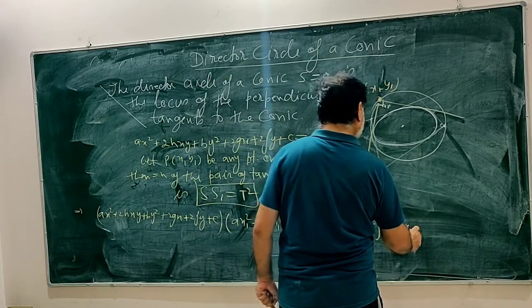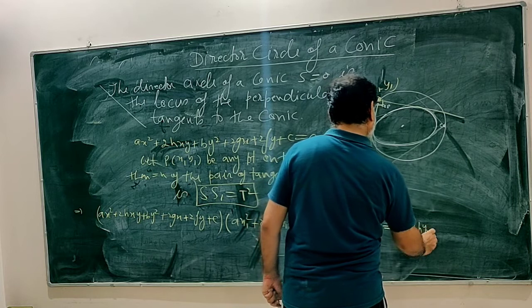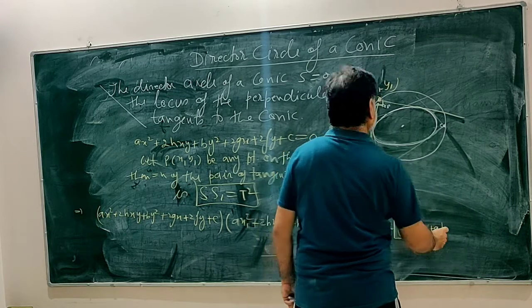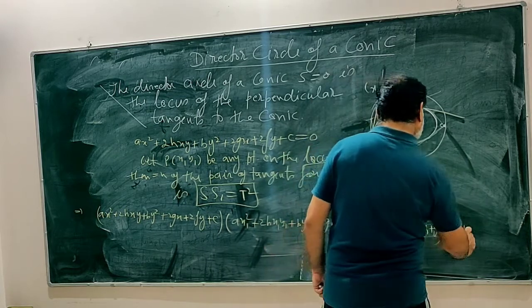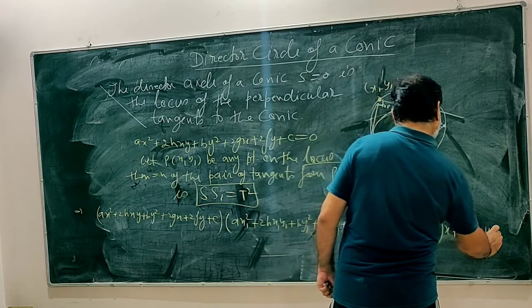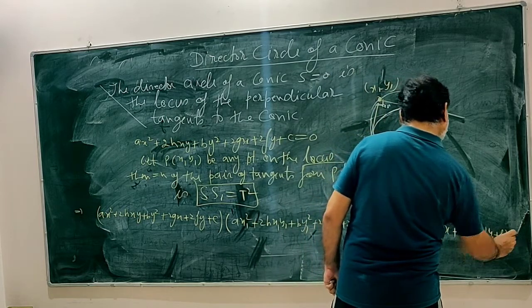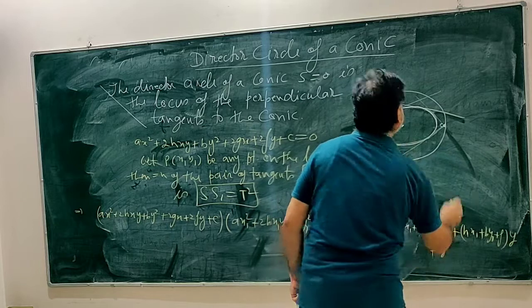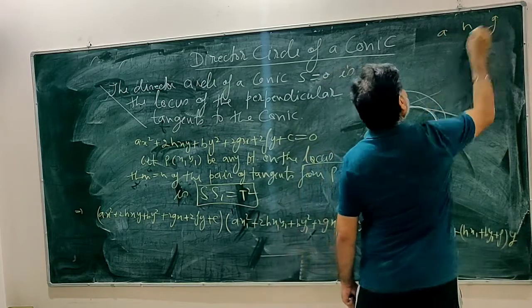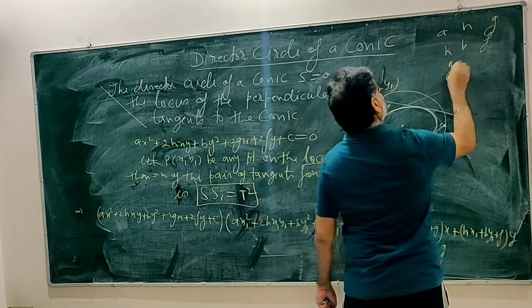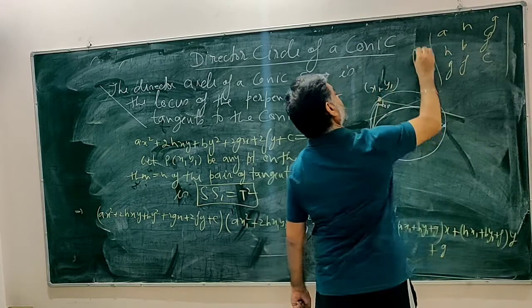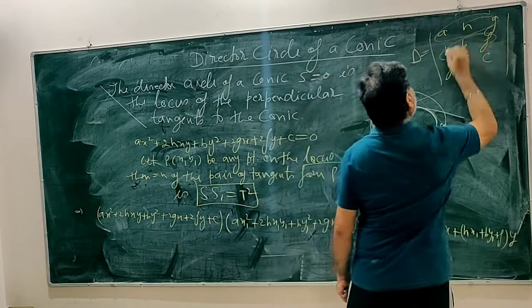(ax1 + hy1 + g) into x plus (hx1 + by1 + f) into y plus (gx1 + fy1 + c). Okay, remember the matrix a h g, h b f, g f c: the first row, second row and third row.